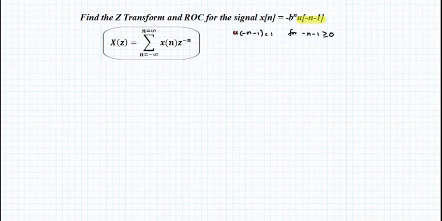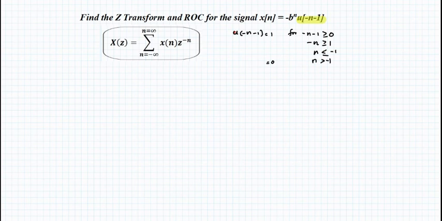In place of n, here it is written minus n minus 1, so minus n minus 1 should be greater than or equal to 0, and if you rearrange this, minus n greater than or equal to 1, or if you multiply with minus 1, it becomes n less than or equal to minus 1, so we need to change the sign. So this signal has magnitude 1 when n is less than or equal to minus 1, and otherwise it is 0, for n greater than minus 1.